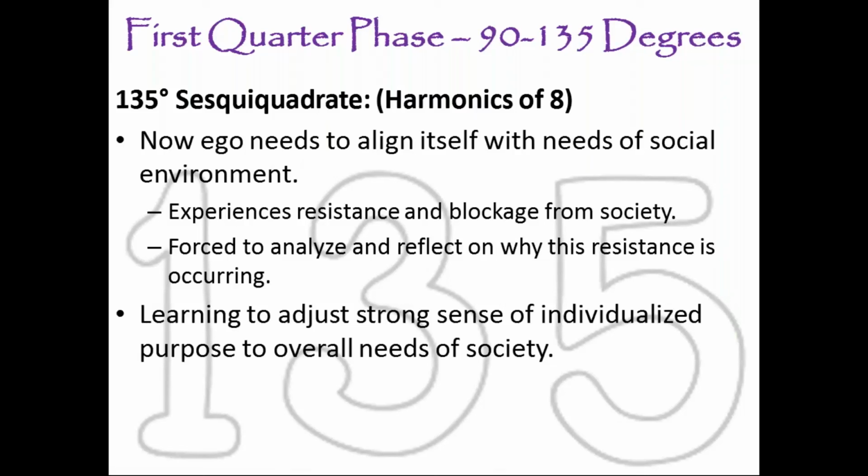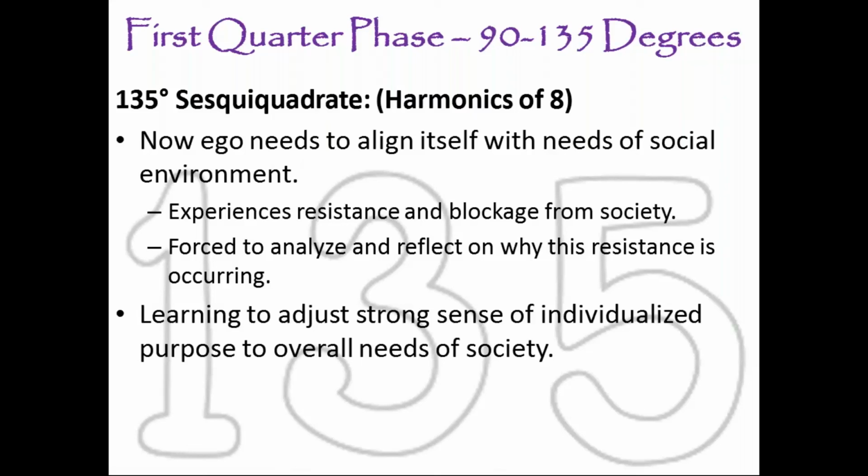So the ego is starting to learn how to align itself with whatever the needs of our social environment are for us personally, and whatever the needs of the social environment are outside of ourselves. And so if you see Mars-Pluto at 130 degrees or 133, and they're within orb of that aspect, but it's less than 135, you naturally look for where any of those two planets will have resistance and blockage.